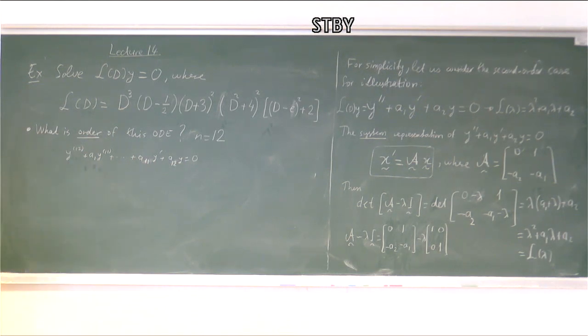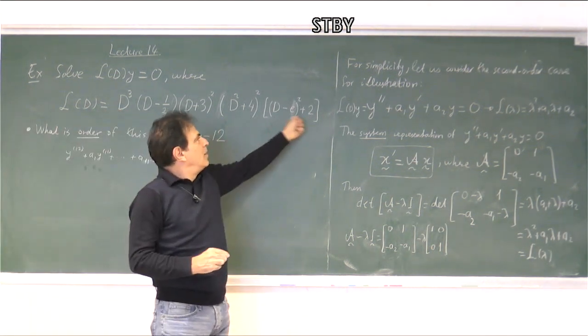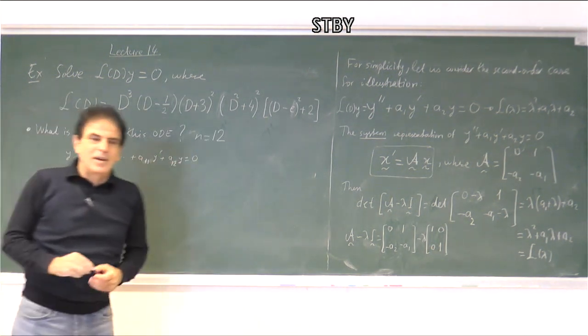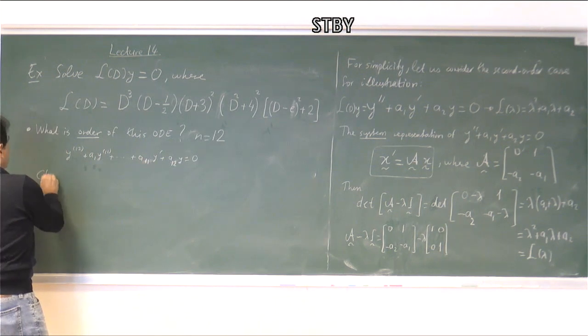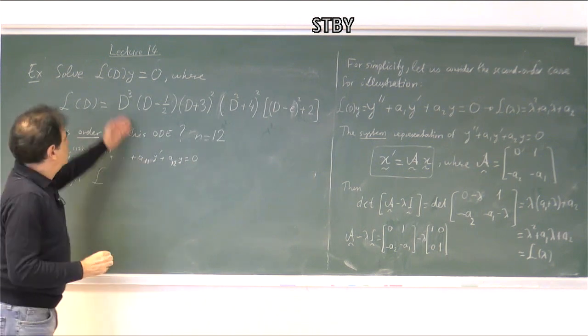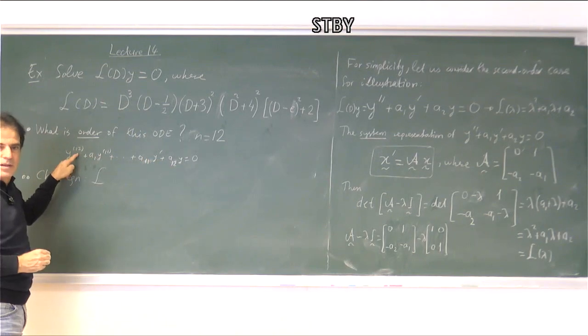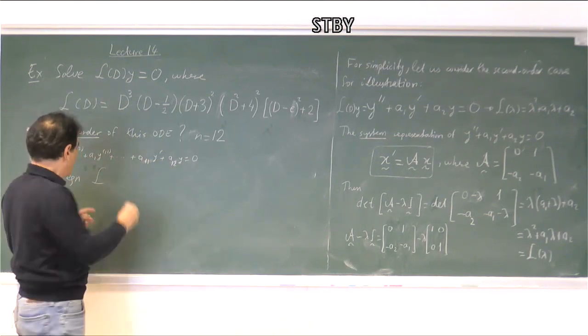So thanks that somebody finds its factors, finds the roots and factorizes our differential operator. So next, the characteristic equation. As you remember, to solve such an ODE of order 12, we need to find the roots of the characteristic polynomial.